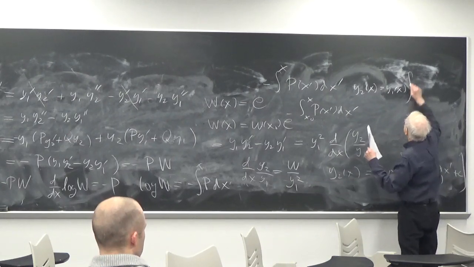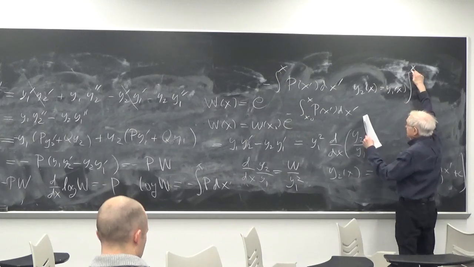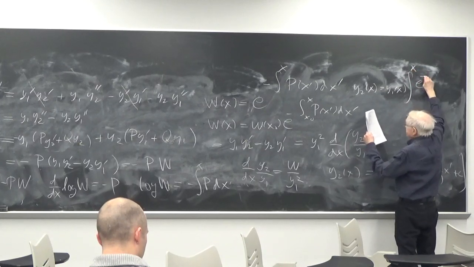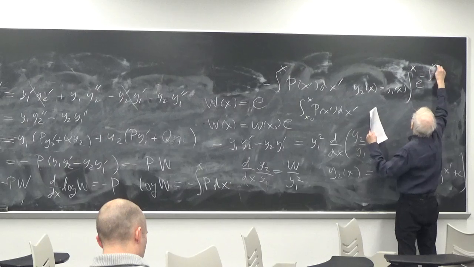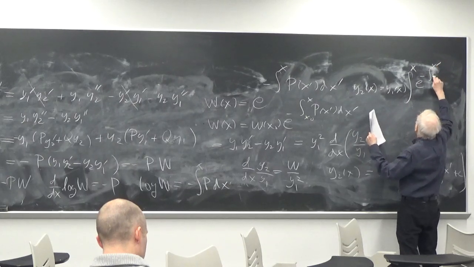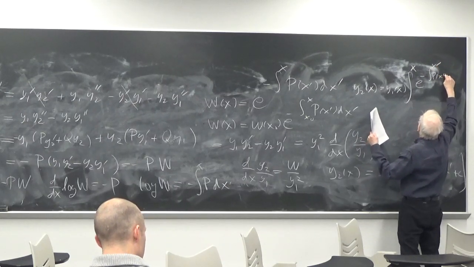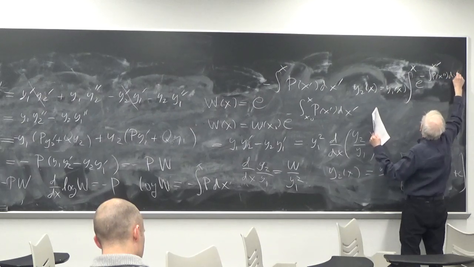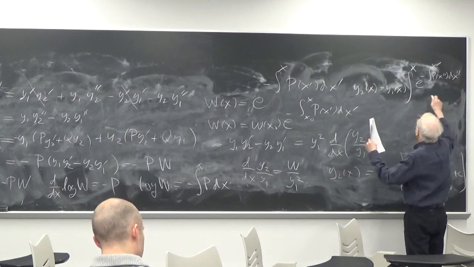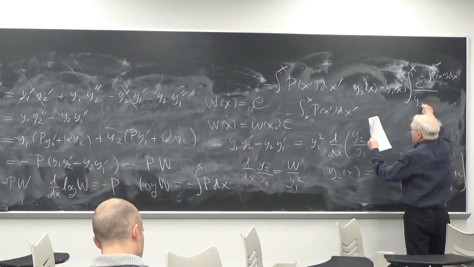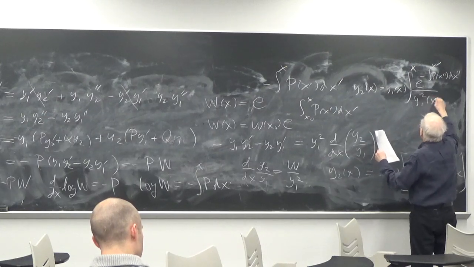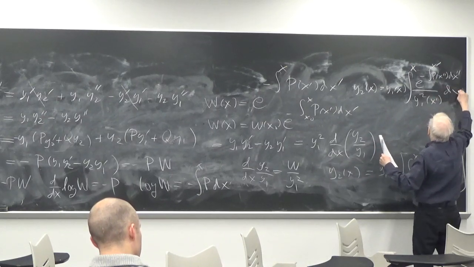We would have this as an integral up to x of e to the minus integral up to x prime of p of x double prime dx double prime, divided by y1 squared of x prime dx prime.